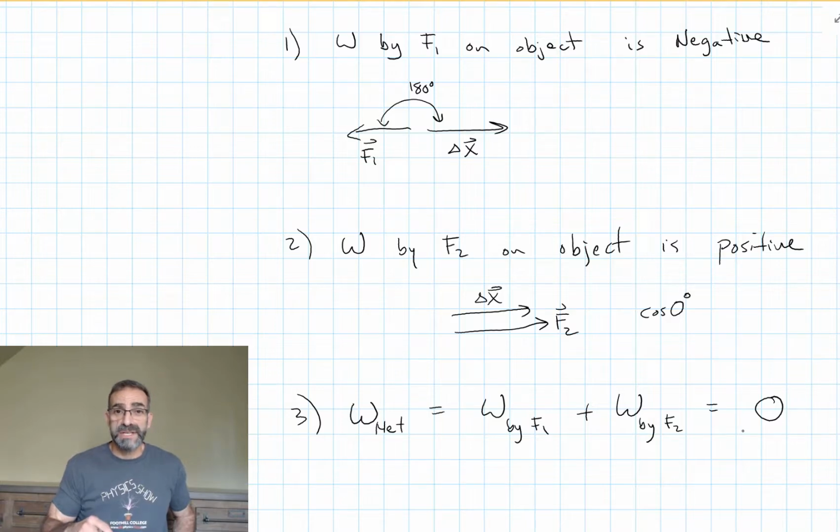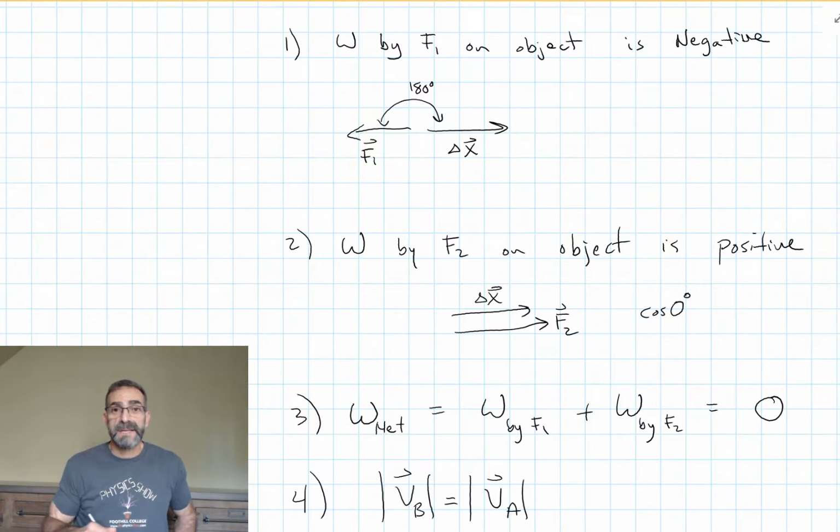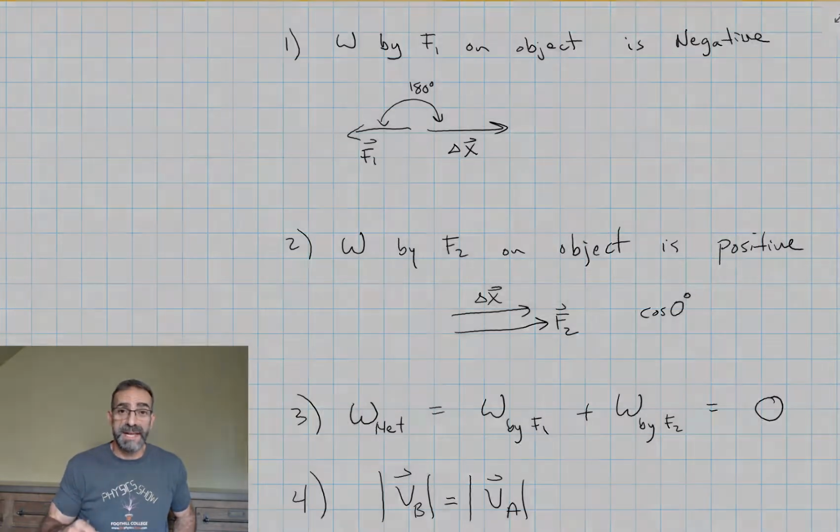The last question is: is the speed when the object gets to point B greater than, less than, or equal to the speed it had when it left point A? Because the work done is 0, we know the kinetic energy cannot change. The speed has to be the same. No net work was done on our object, so it has to have the same energy at point B that it had at point A.